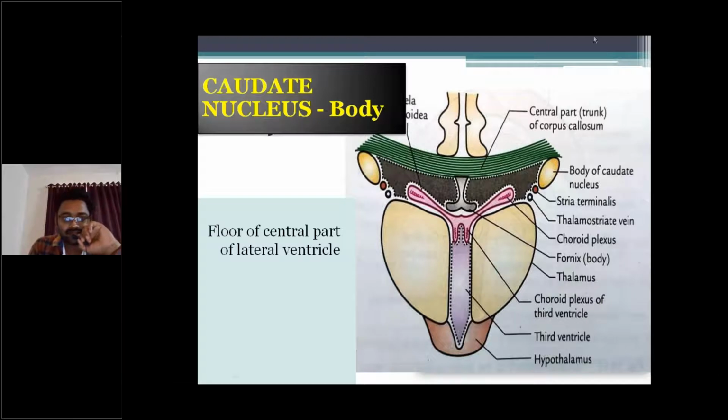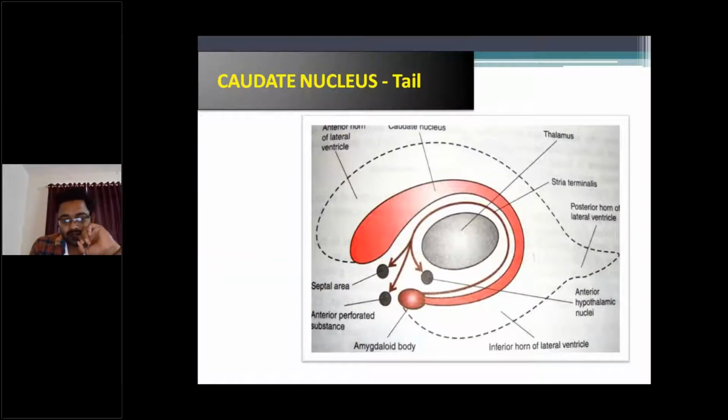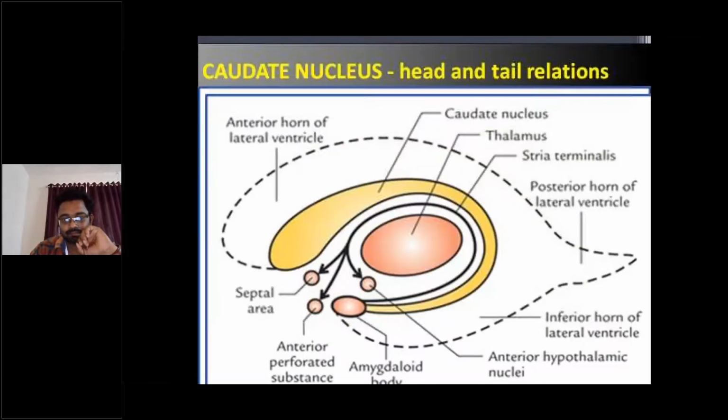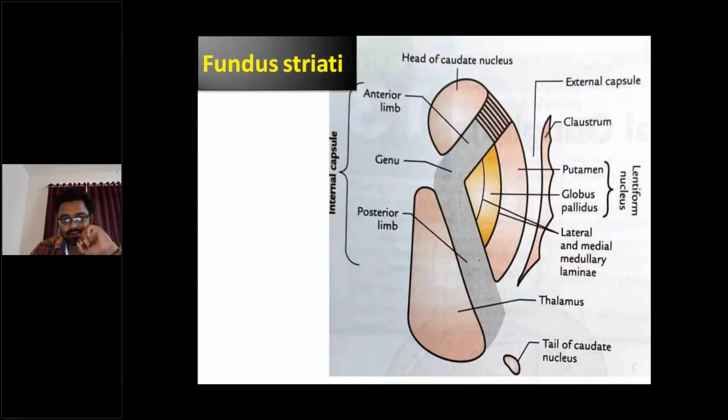The body of the caudate nucleus forms the floor of the central part of the lateral ventricle, separated from the thalamus by the stria terminalis and the thalamostriate vein. The tail is superiorly related to the thalamus and the sublentiform part of the internal capsule. The terminal part of the tail contains a mass of gray matter called the amygdaloid body. This is the fundus striati.